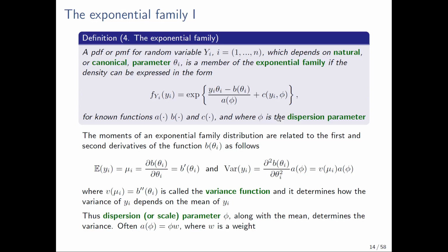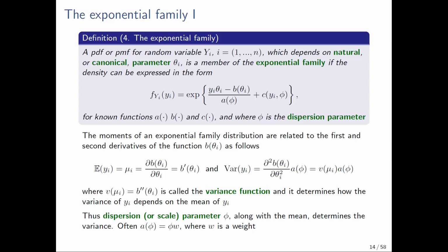Now, let's return to this function b of the canonical parameter theta, because this is important. The moments of an exponential family distribution are related to the derivatives of that function b. The expected value of yi is the first derivative of b with respect to theta, and the variance of yi is the second derivative of b times a of phi.